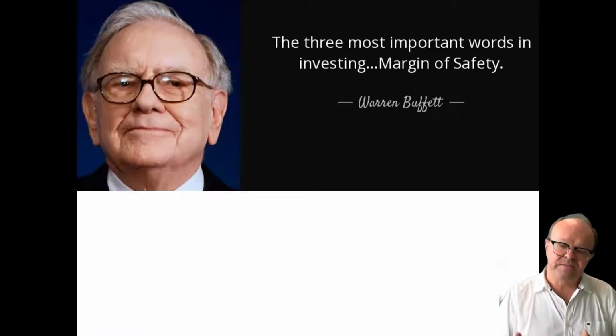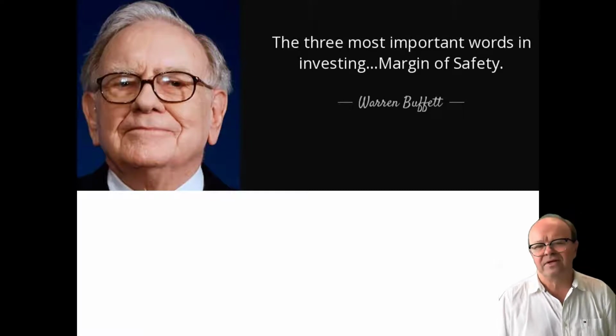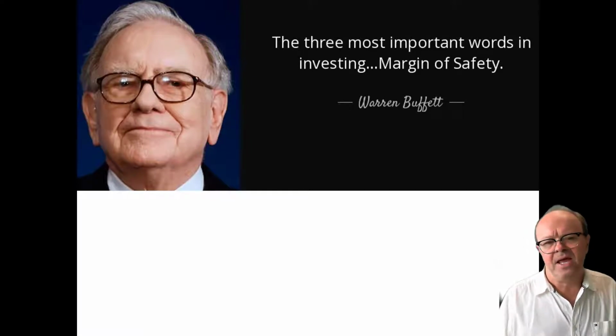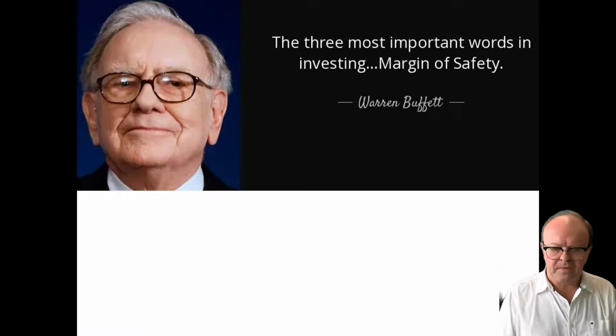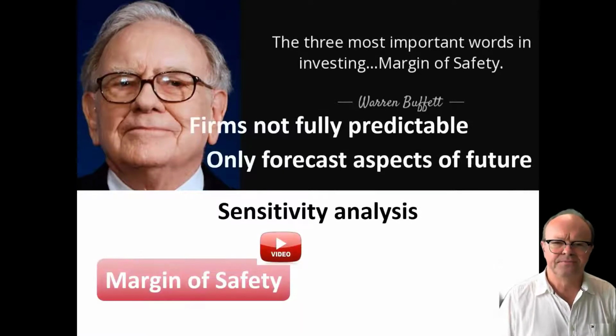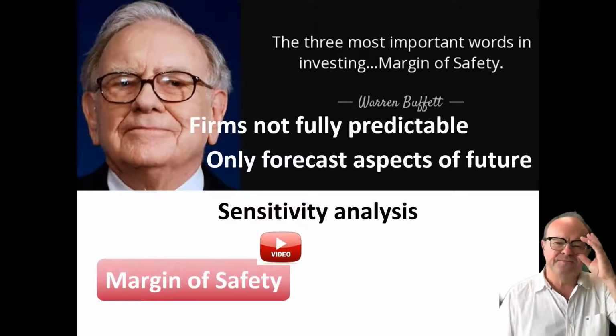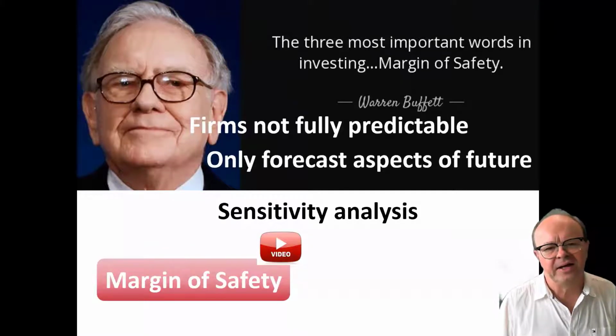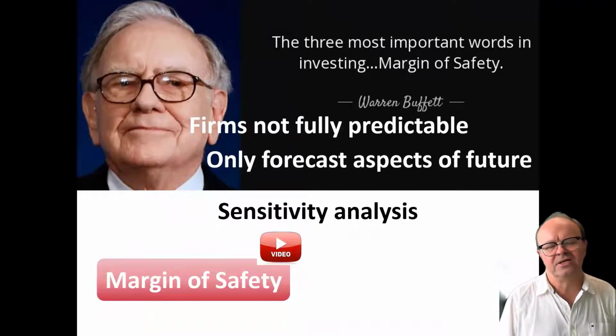And it's the opposite when we're selling: we'd only sell with a margin of safety, say, of 30% above. And the reason for that is that firms are not fully predictable. We can only forecast aspects of their future. So there's a lot of uncertainty around our valuations.